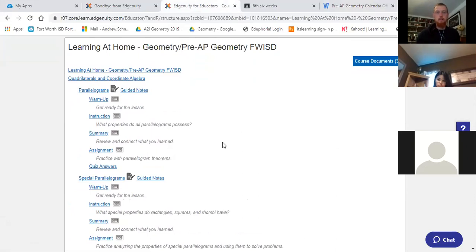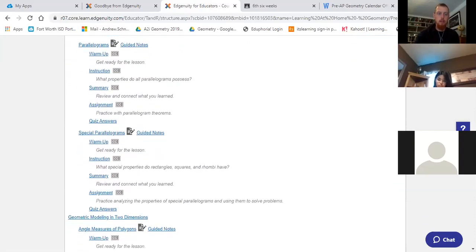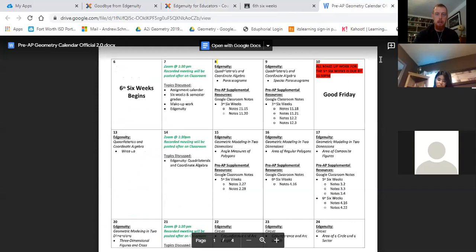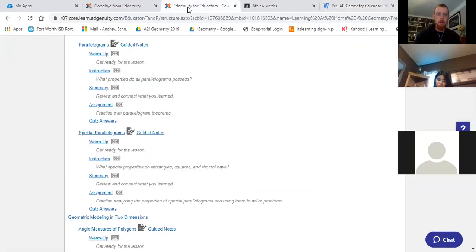It's going to give you a grade in Edgenuity for what your current course grade is right now, and that factors in, are you keeping pace with the schedule? Once you start to fall behind this calendar, it's going to start to ding you points.